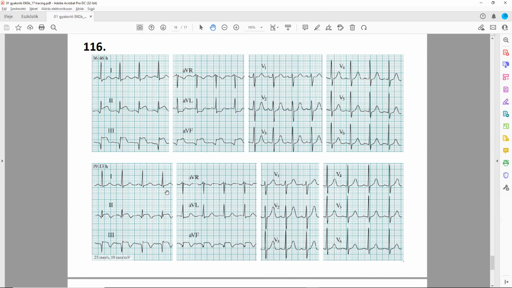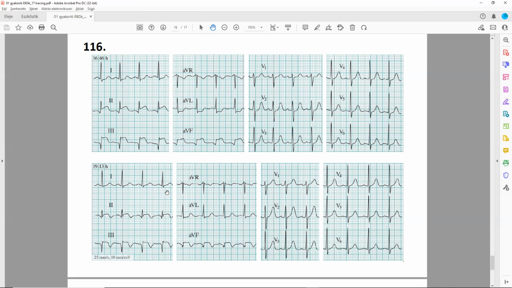Okay, so I think it's rhythmic. Yes. And lead one is positive. AVR is negative, so it's going to be negative 30 or closer to negative 30.